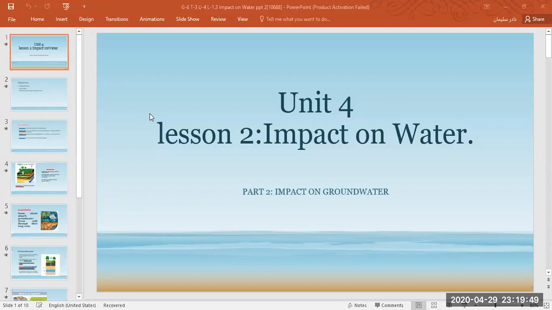As you know, groundwater is the water beneath the earth's surface. So it is the water that is stored under the ground.